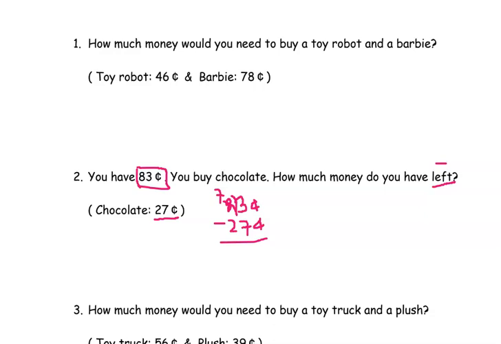So if we do 13 minus 7, what would that be? If you said 6, you're correct. 6 here. And then 7 minus 2 would be 5. That means after buying the chocolate, you have 56 cents left.